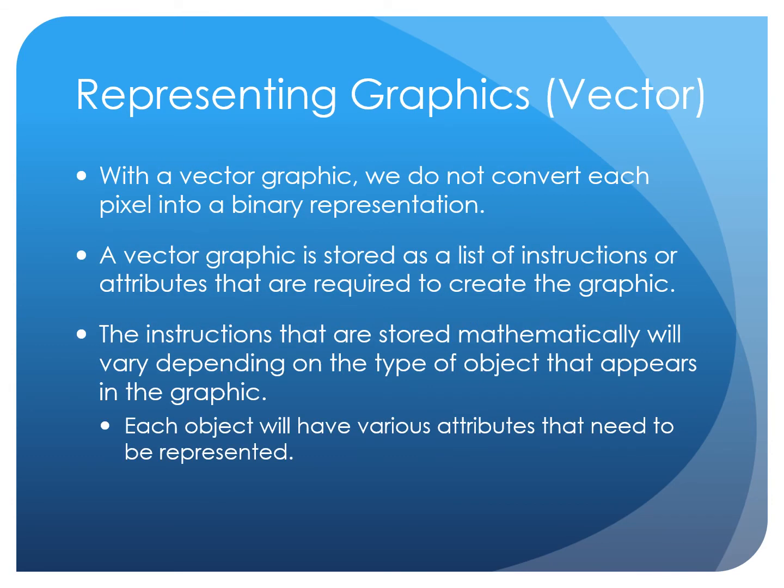Now let's look at vector graphics. Vector graphics are stored in a completely different way from bitmaps. With a vector graphic, we don't convert and store each pixel individually. A vector is stored as a list of instructions or attributes that are required to create the graphic.